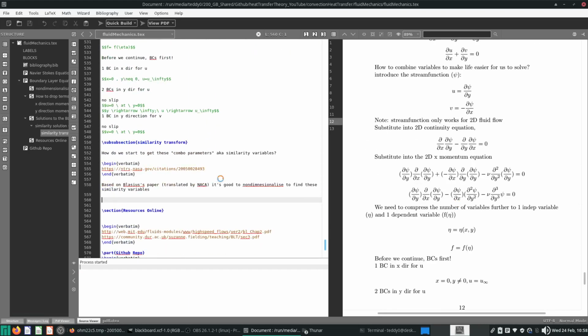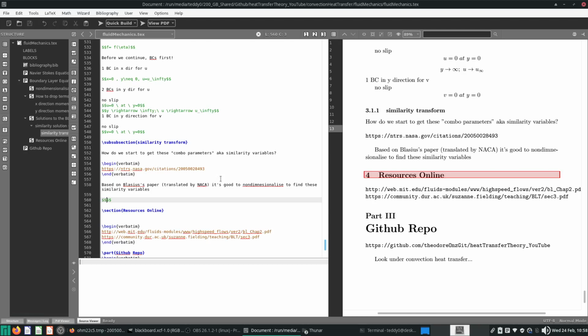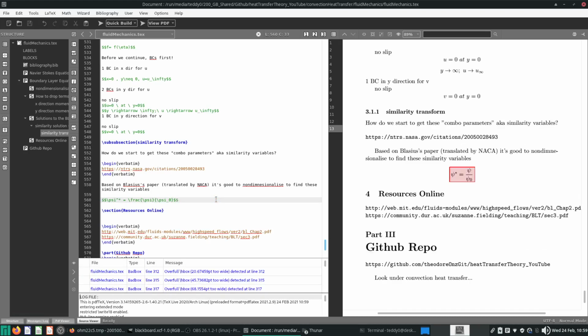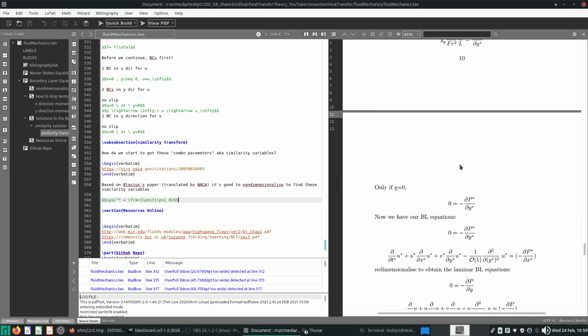All right, so we introduced a stream function, but now let's start by introducing a non-dimensional stream function, similar to how we actually dealt with the velocities.